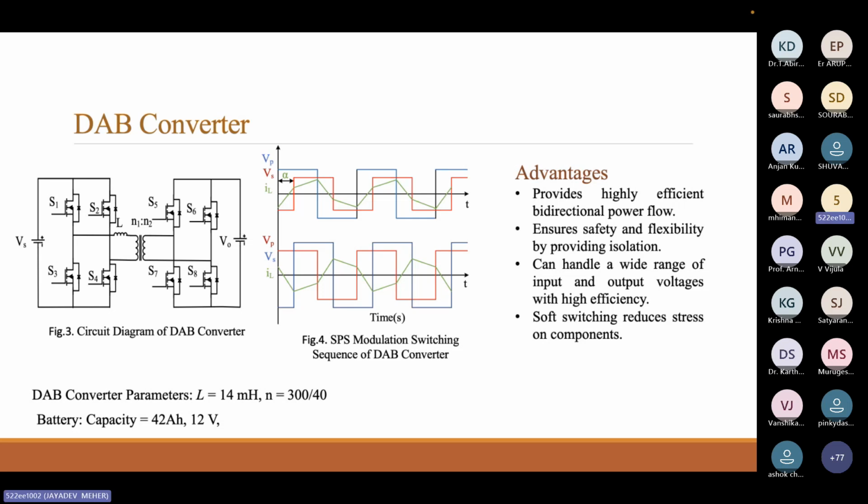So if we operate the DAB converter, we need four pulses: S1 S4, its complement S2 S3, and for the secondary bridge S5 S8, which will be phase shifted from S1 S4, and its complement S6 and S7.